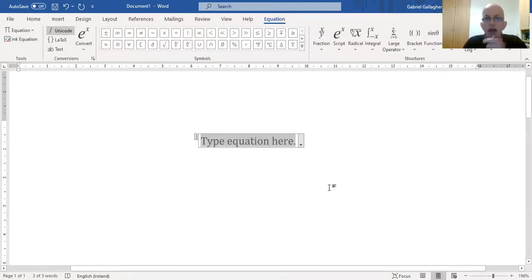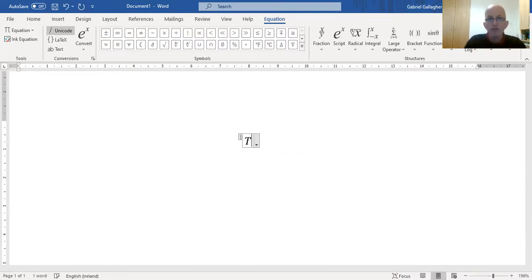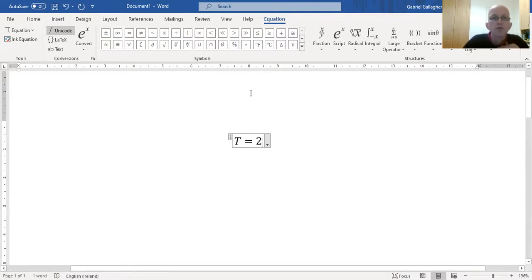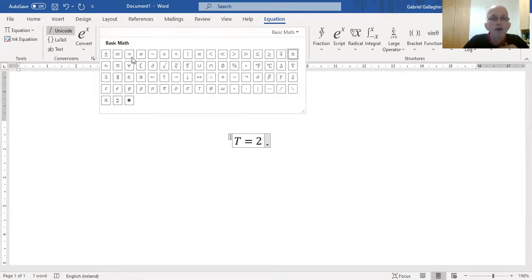Insert. The main thing to know about equation editor is you have to tell the editor the shape that you want to include in the equation, if you're using awkward shapes. If you're just typing in T equals, we'll just type in T equals. So T equals 2 pi. Now pi is a Greek letter, and the basic Greek letters are up here in this top section, the basic maths.